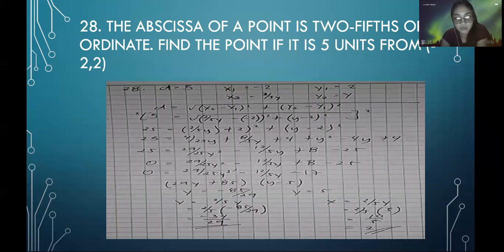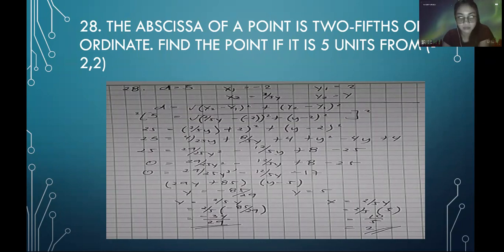So 0 is equals to 29 over 25y squared minus 12 over 5y minus 17. So quantity of 29y plus 85 times y minus 5. So y is equals to negative 85 over 29.